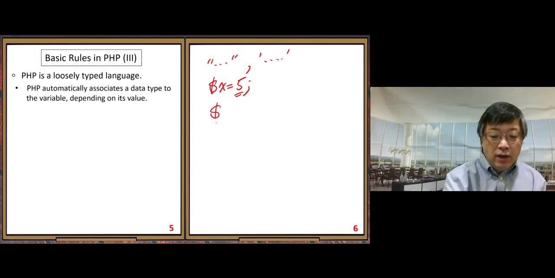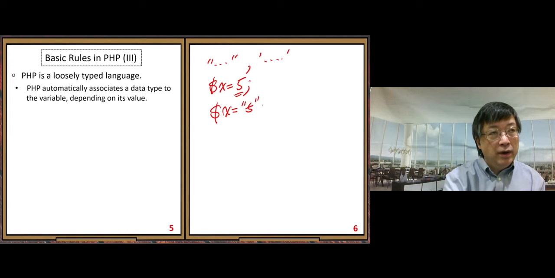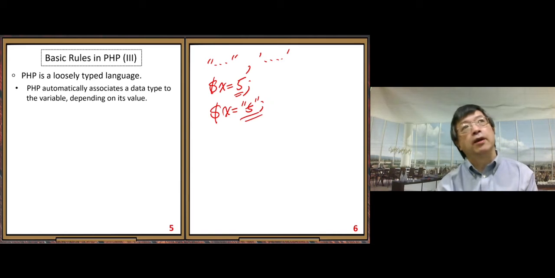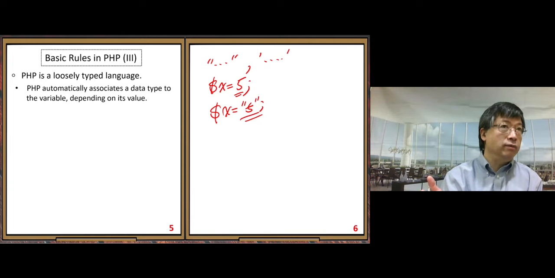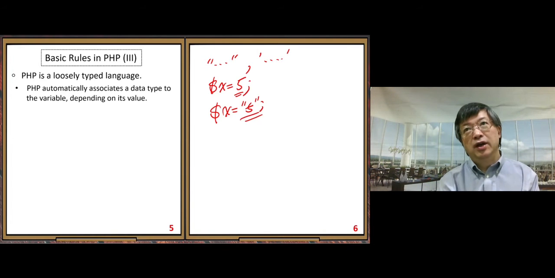But if you include a number inside double quotes, now it's a string. Although there is a digit inside that string, it is in string format initially. Right? Initially.